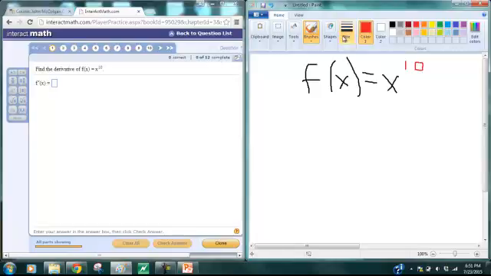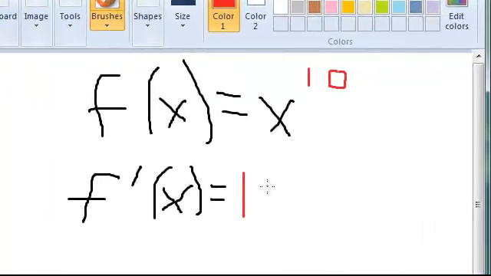Okay, so the power rule says to take the derivative of this, all you have to do is just take this exponent and that becomes a coefficient. So let's start again. F prime of x, the derivative of the function, is equal to, and this exponent comes down, becomes a coefficient, 10x, and then we subtract 1 from the exponent.